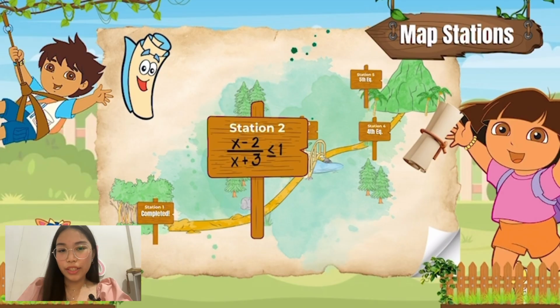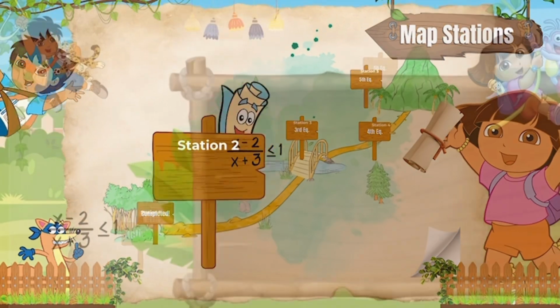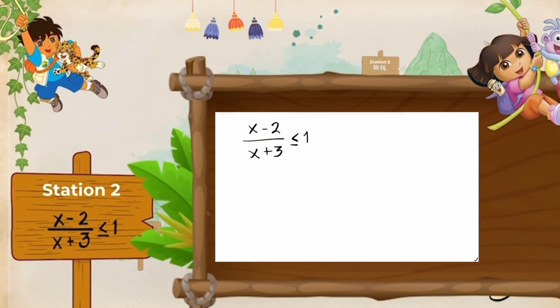Our next equation is x minus 2 over x plus 3 is less than or equal to 1. Why does it have a number on the right side? How do we solve it? It was just 0. What about this?